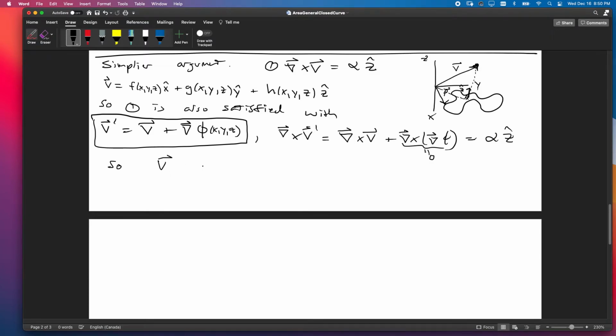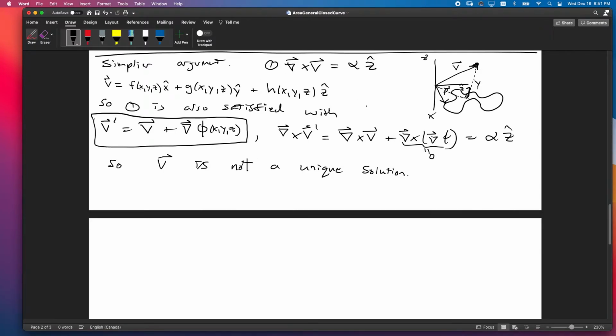So V is not a unique solution. We can choose any phi, and it is a valid solution.